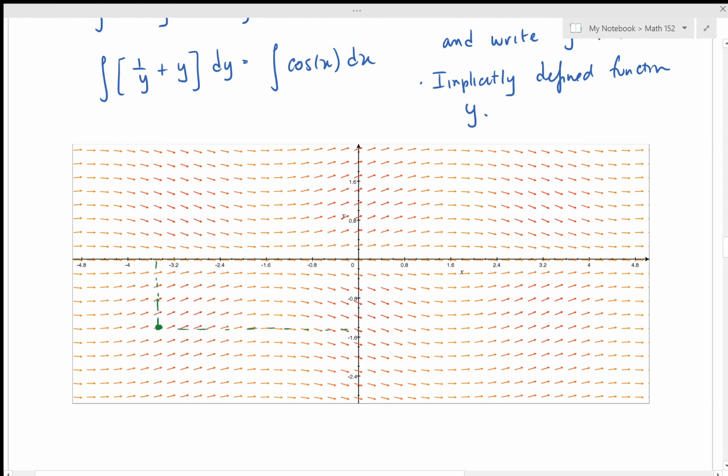It looks like it'd be about minus 1.5. Okay, so I get an initial condition like that, and then I can draw the solution curve by following along the arrows, doing what the arrows tell me. The arrows are telling me decrease, decrease, decrease, and increase, increase, increase, like that.